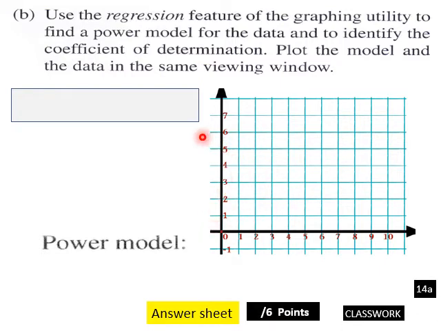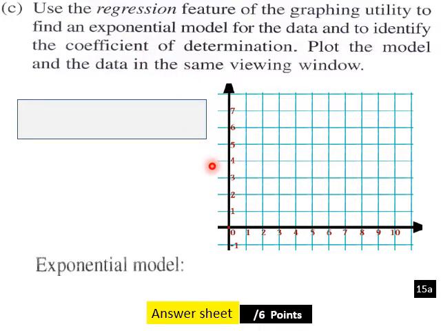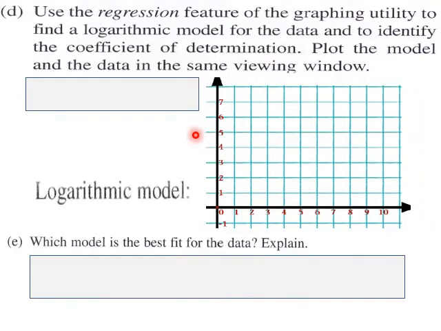So that's what you see on your classwork sheet. So this is C. We got a part C here. Use regression to form an exponential model. So linear, power, and exponential here. Put your coefficient of determination here as well for that data.